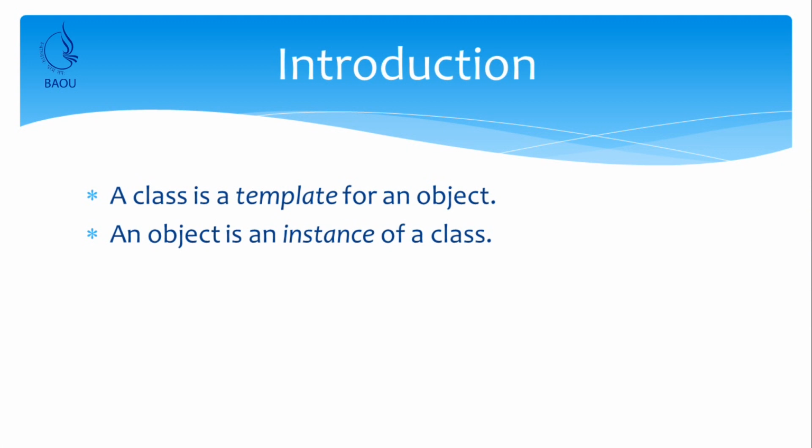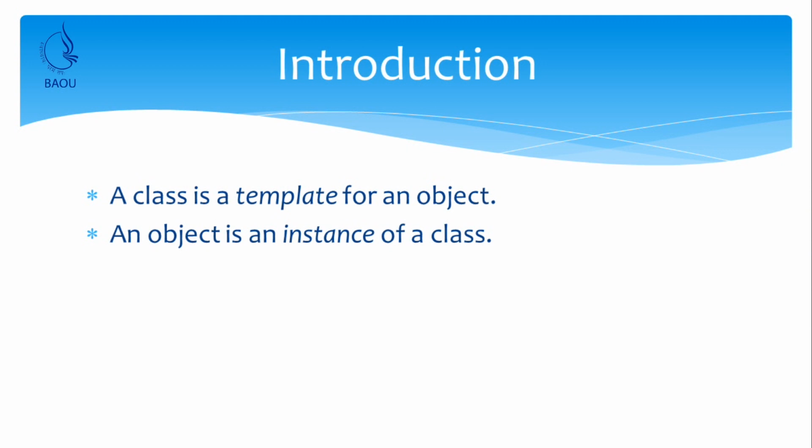Now, we can say a fruit is a class and mango, banana, apple, pineapple, etc. are examples of fruits. So, we can say a class is a generic name given to different types of similar objects, while object is an instance of class.